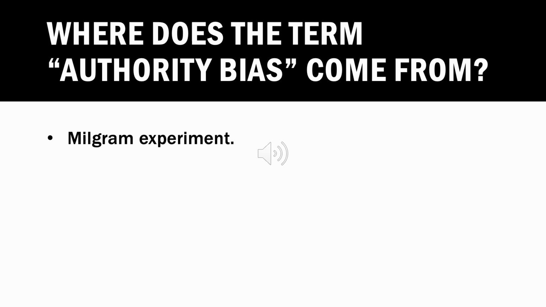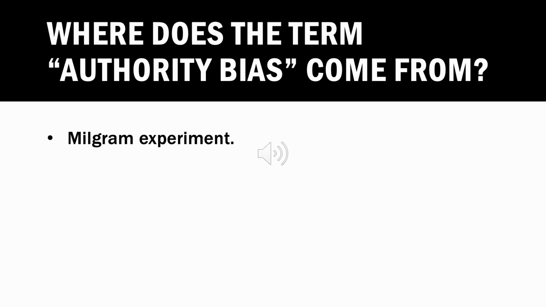Okay, so where does this term authority bias come from? The earliest thing that we can point to is the Milgram experiment. It was a social psychology experiment where you would have one person who was an actor, one person who was the actual test subject, and another person who was also an actor but was playing the role of a doctor.